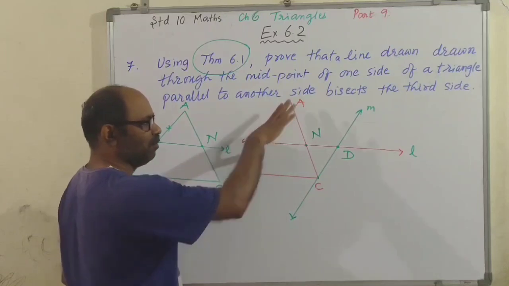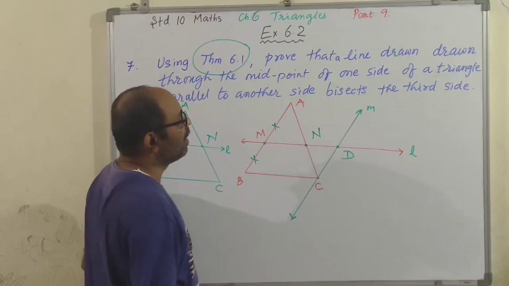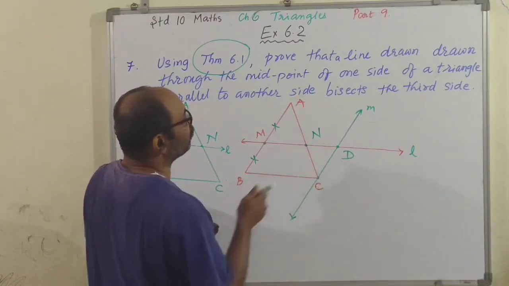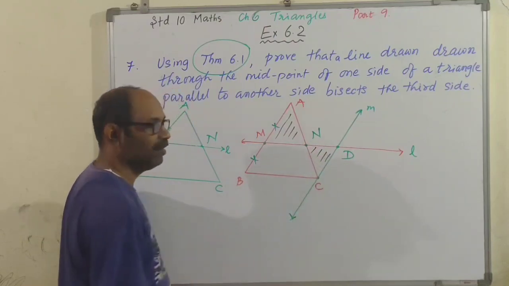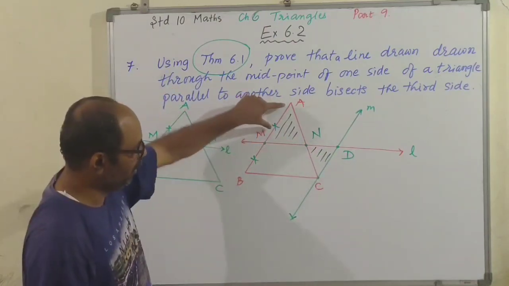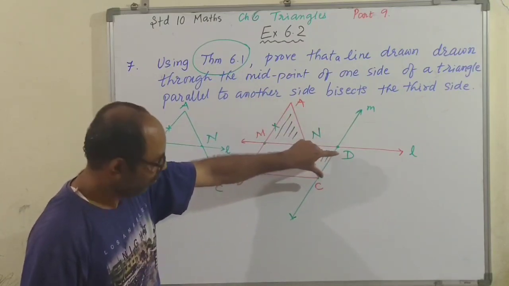M is the midpoint of AB, so AM equal to MB. Correct? Now look at these two triangles. AM is parallel to CD.